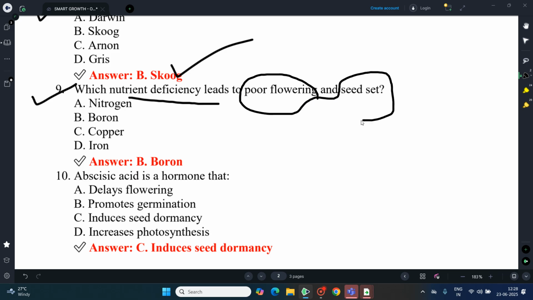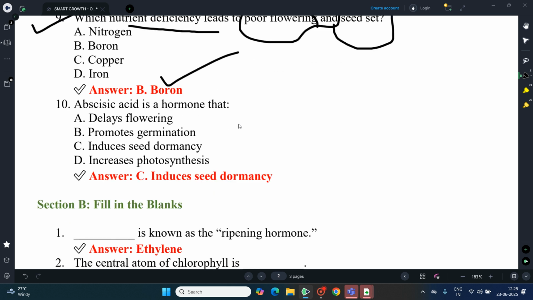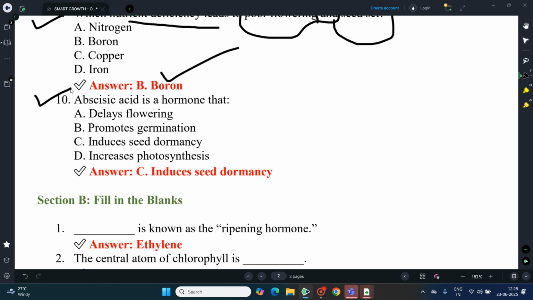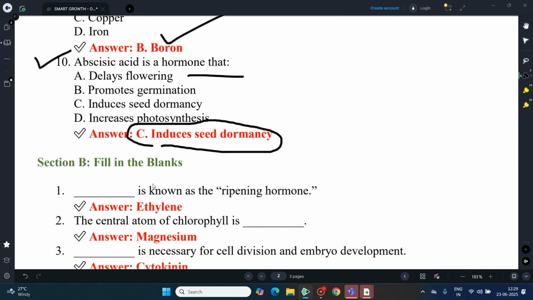And the correct nutrient that will impact flowering and seed set is boron. The 10th one, abscisic acid is a hormone that induces seed dormancy in most of the crop plants. That's all about multiple choice questions.